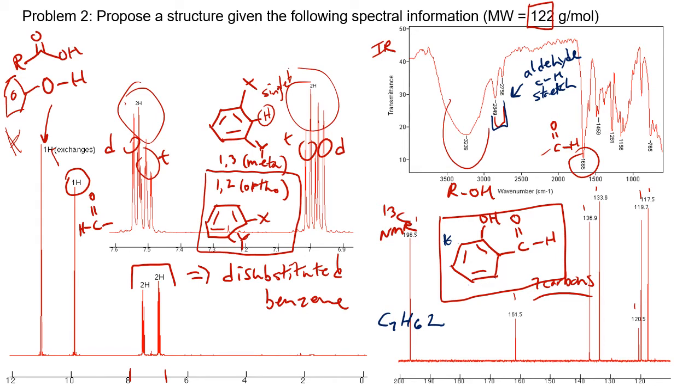So O2. If we add those all up, 7 times 12 is 84. 6 times 1 is 6, and 2 times 8 for oxygen is 16.